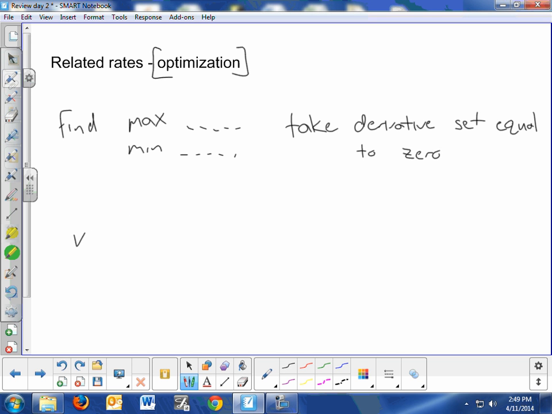If you're given a velocity function, and you're asked, when is your acceleration at a max? Or min, whatever. You have to get your acceleration function, and then you take the derivative of your acceleration function and set it equal to 0.